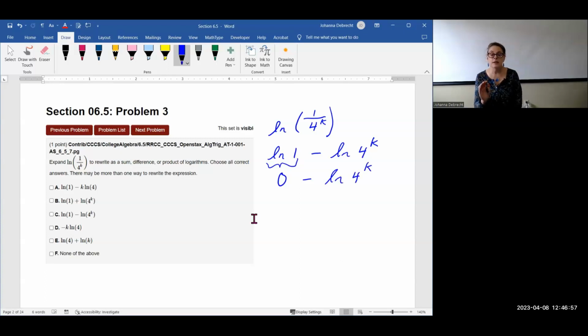I'm not done yet because there's also a property that says if these bases do not match, and they don't, this is base e, this is 4, I can still take the power on the 4 and pull it to the front. So this is going to give me negative k natural log of 4. All right, so negative k natural log of 4.